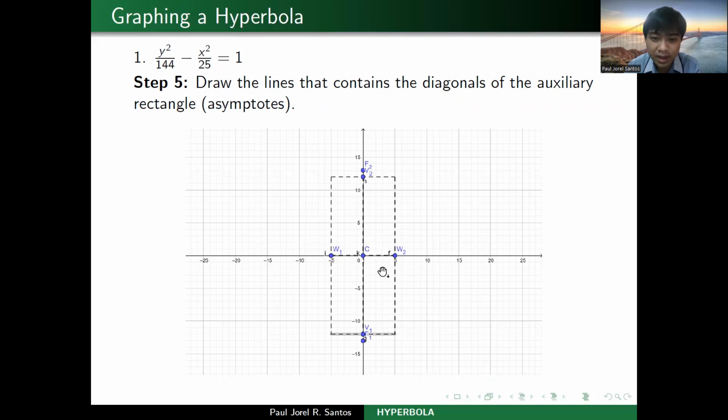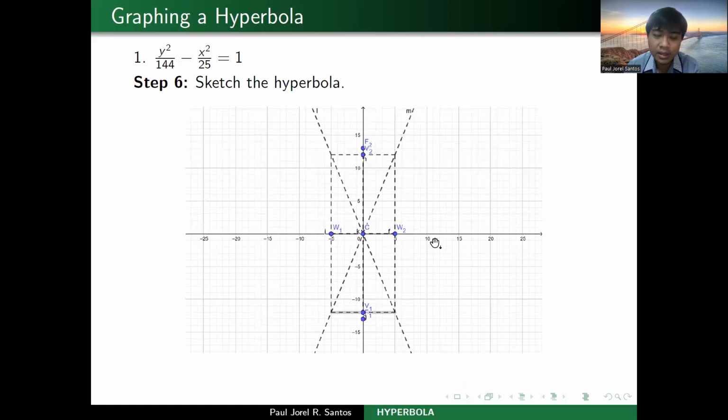As you can see, if I draw the lines that contain the diagonals, it will be like this. Okay. Now, this one here is y equals 12 over 5x, while this one here is y equals negative 12 over 5x. It has a negative slope, while this one has a positive slope.